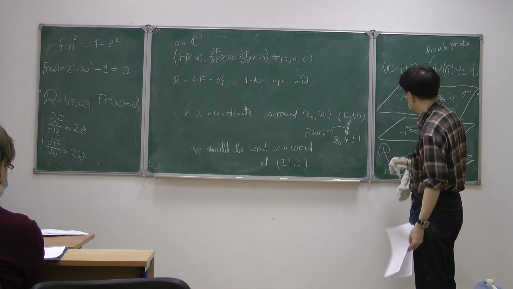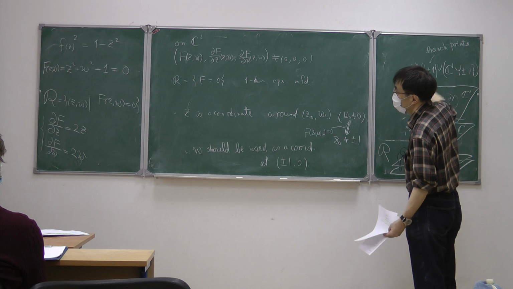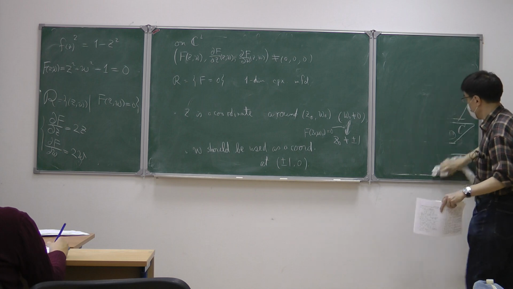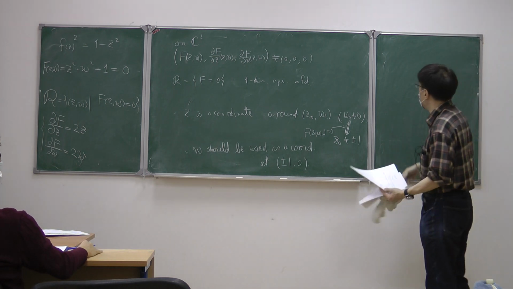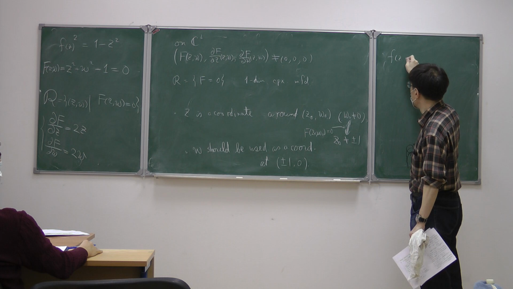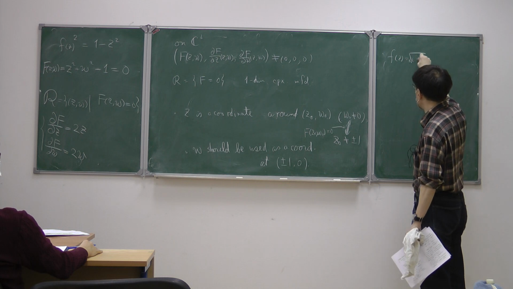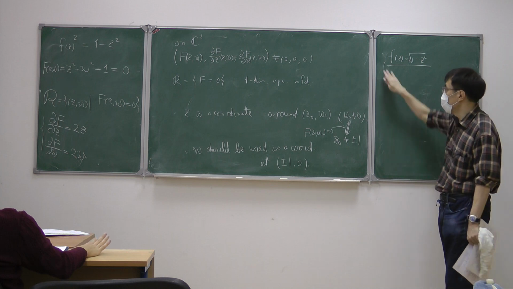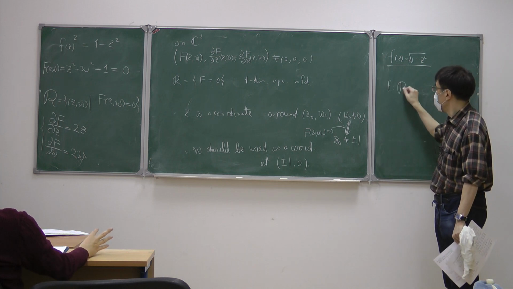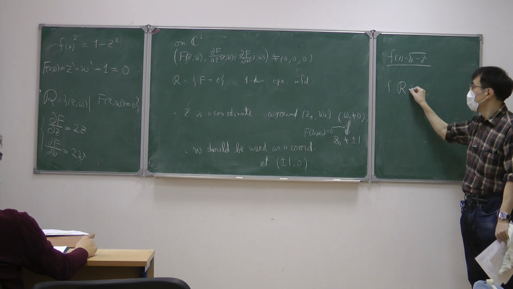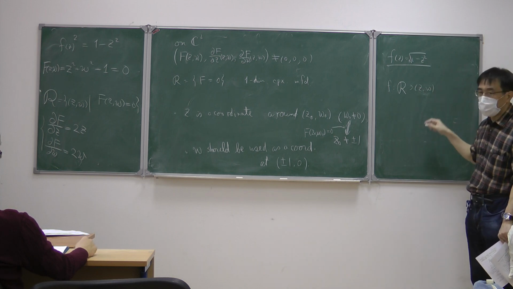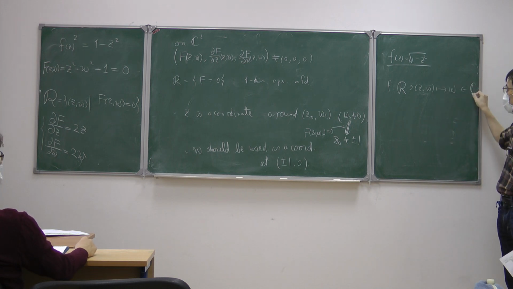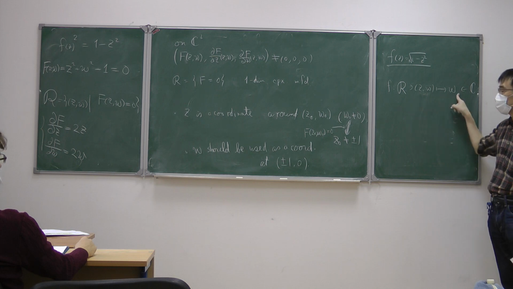Okay, and as before, the function square root of 1 minus z squared is interpreted as a projection from this to this.